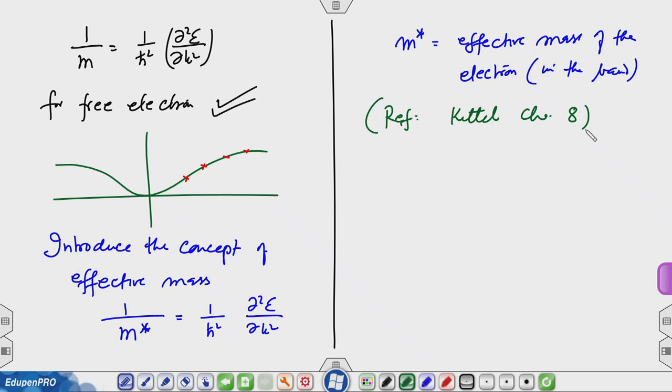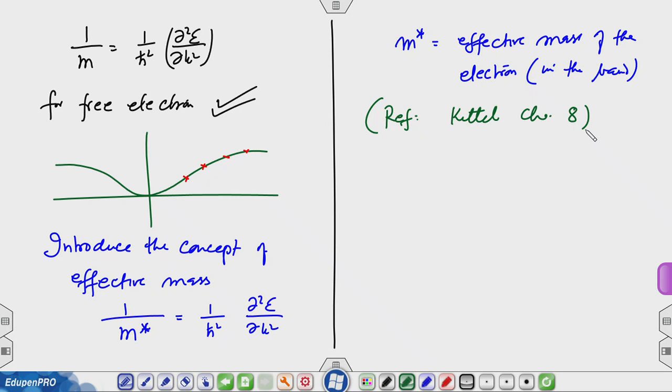It works because k dot represents the total change in momentum. So, this electron is also exchanging momentum with the lattice, and therefore, it could be more sluggish, it could be heavier, or if it is pushed by the lattice, the momentum is given to it by the lattice, it will become lighter.